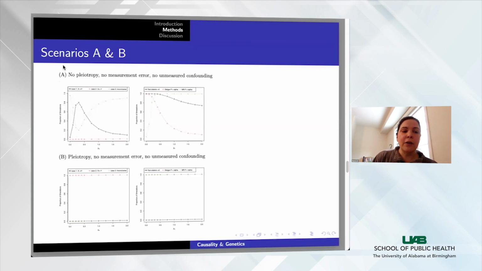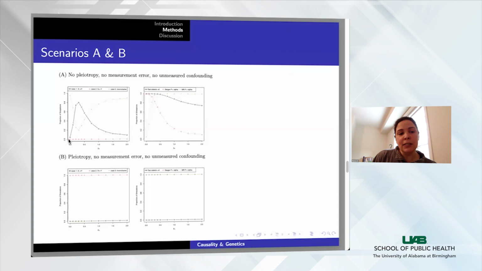Our first scenario, A, was our best case scenario: no pleiotropy, no measurement error, no unmeasured confounding, which may or may not be true. Here we were looking at 3 outcomes. Outcome 1, the black line, is case 1: the method concluded that X caused Y, and we did generate X to cause Y, so we're hoping to see the black line.